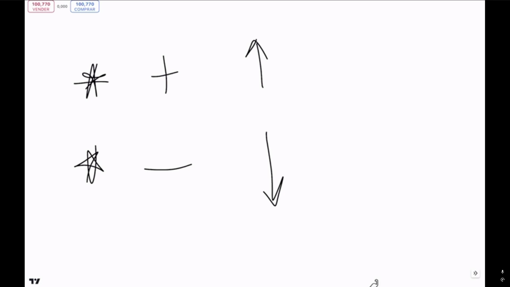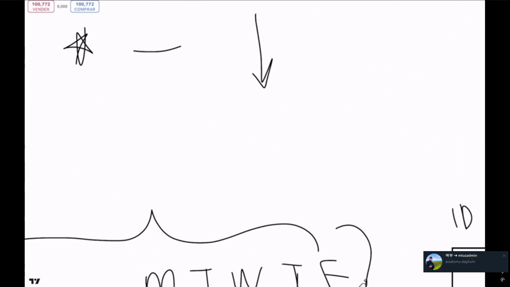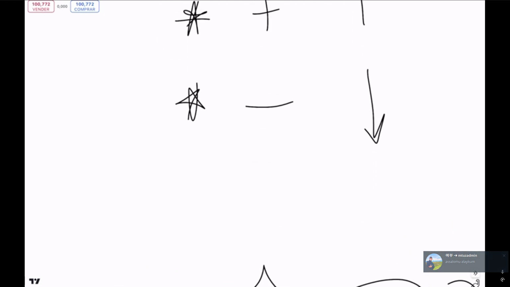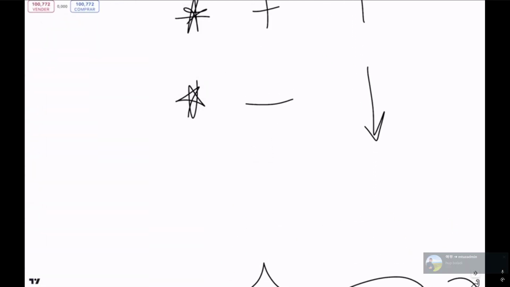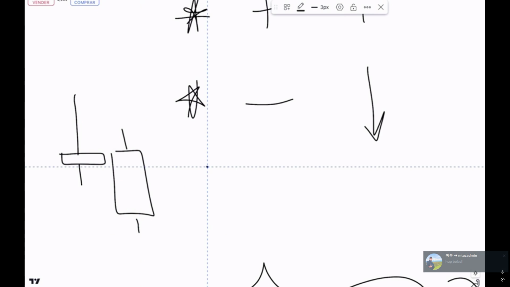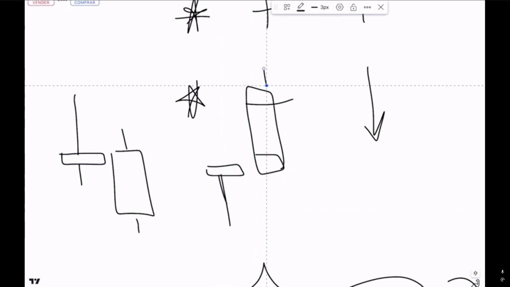Right? How do you determine where price is going? The good old if-then principle, right? So wick above, next candle, lower prices. Wick below, higher prices.